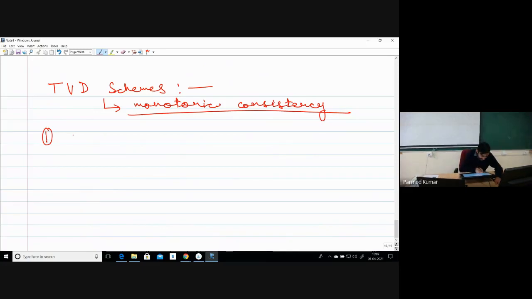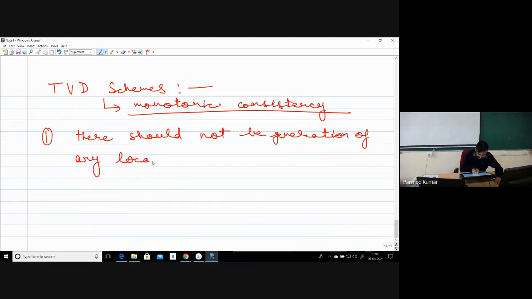Okay, so first condition is that there should not be generation of any local extrema. This is the first condition. What this condition physically means, that I will explain.